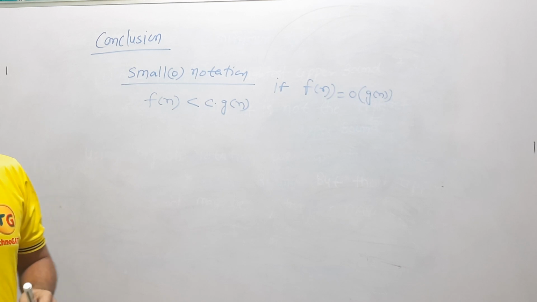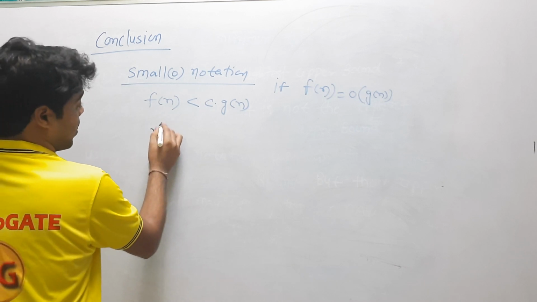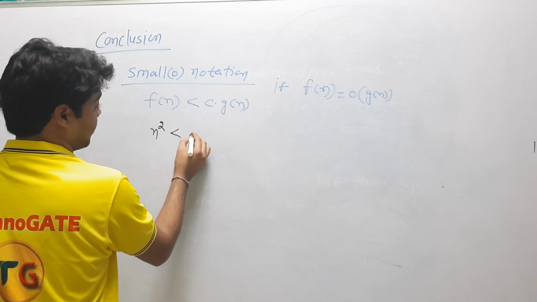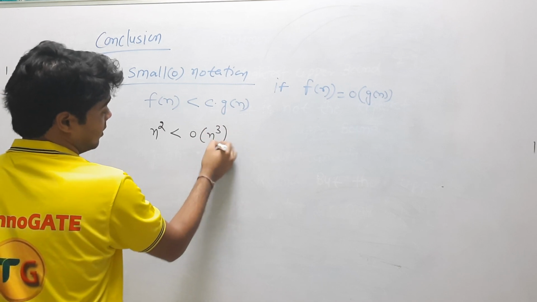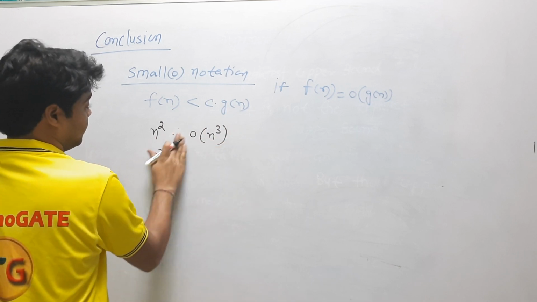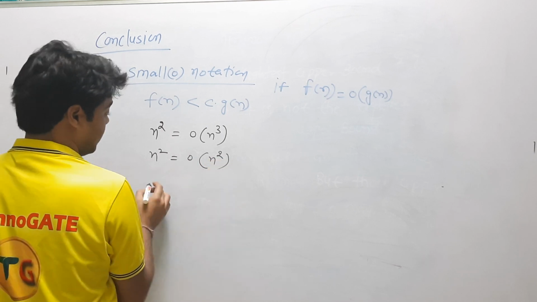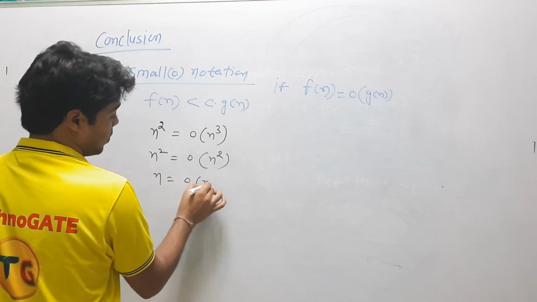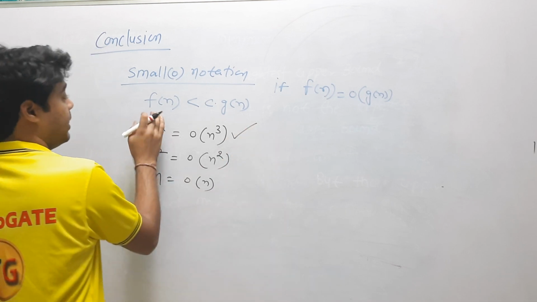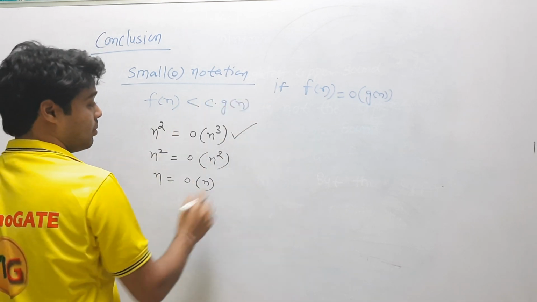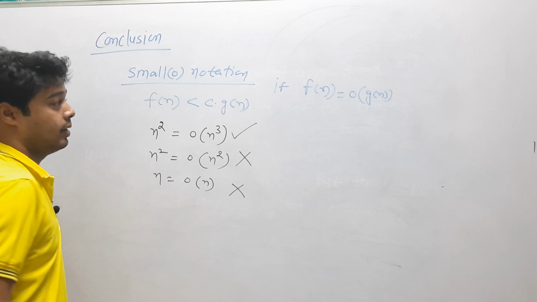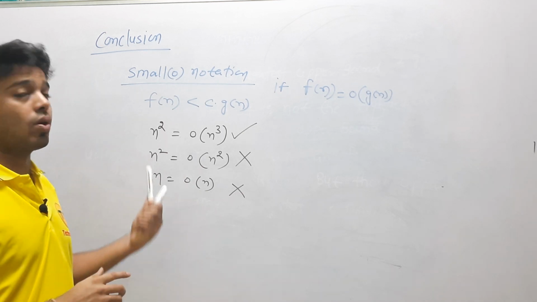Suppose n square is small o of n cube. Yes, n square is small o of n cube, but n square is not small o of n square, and n is not small o of n. So it is valid here only because n square is less than n cube. It is not valid for equal functions because the equal to condition does not exist here.